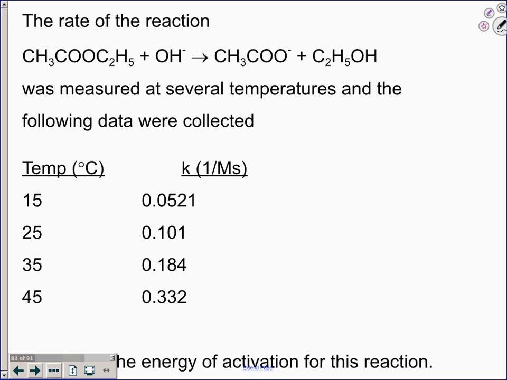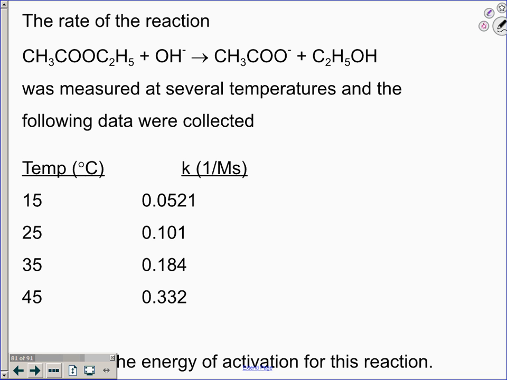We see this reaction, we don't really care, but we know that this data was collected at several temperatures, and from those several temperatures, they found a K constant, the rate law constant. I want you to put this in your L1 and L2, or whatever you call them. What are you plugging in for your X?